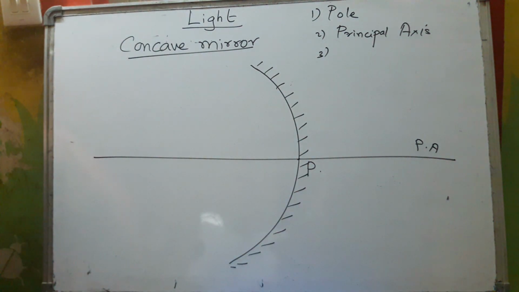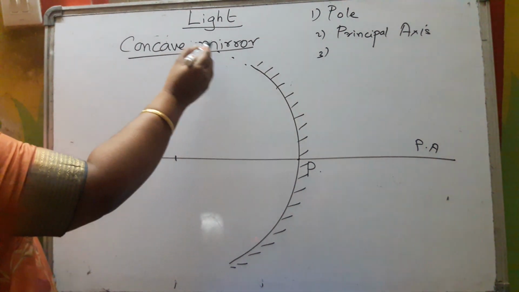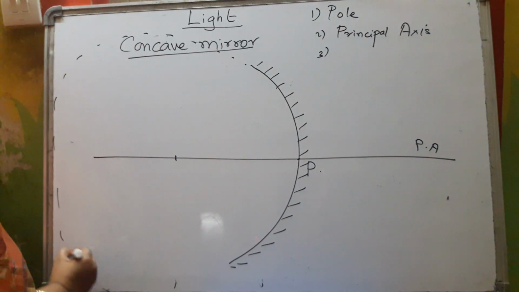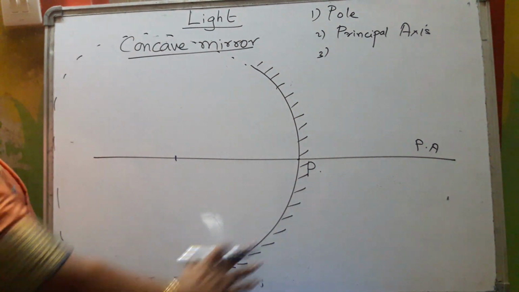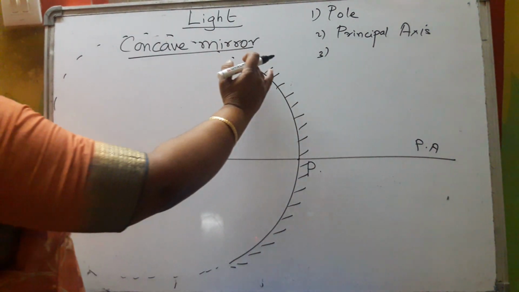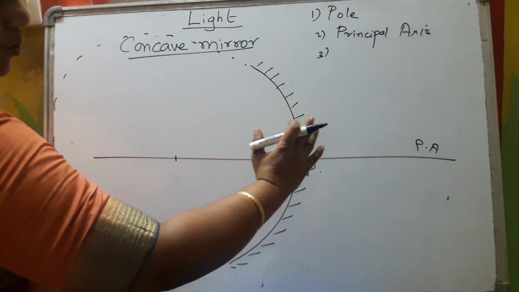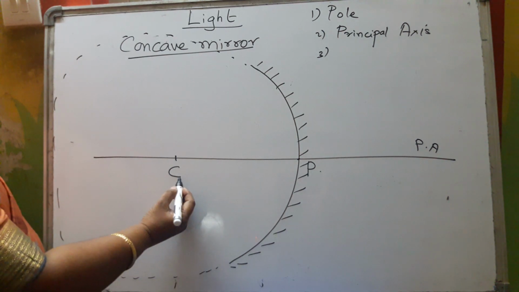Number three, I'll go ahead with another topic called the center of curvature. Children, just imagine this to be a whole sphere, and I am going to take a part of the sphere. I am going to cut this and take it out. When I cut this part, the mirror will have a center.